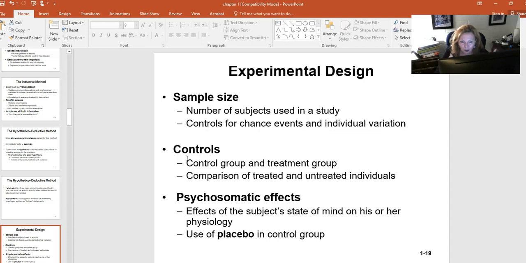So certainly scientists, because scientists are humans, have beliefs, but they have to be checked at the door, because otherwise that's going to lead to prejudice and bias in the experimental design.